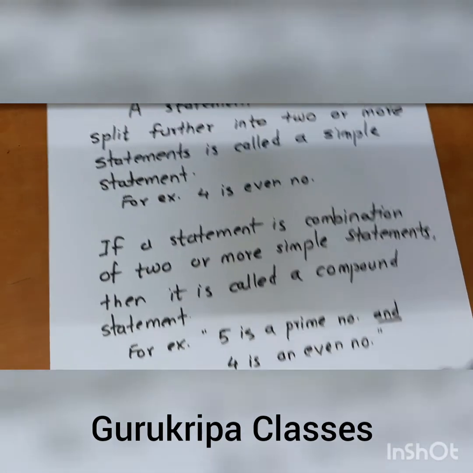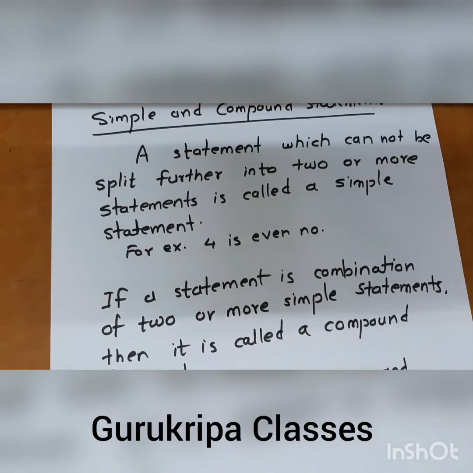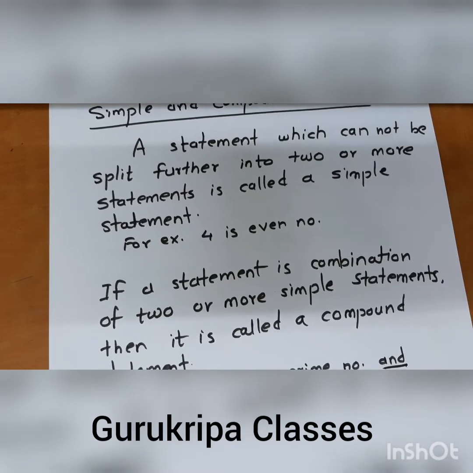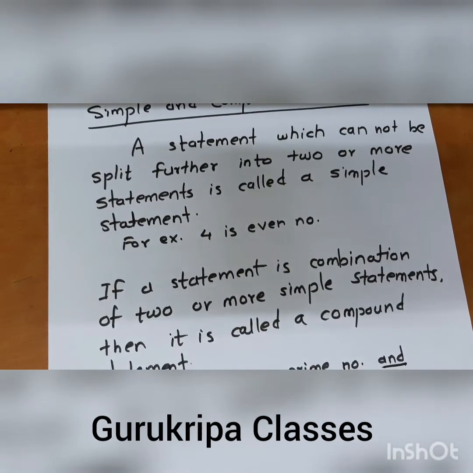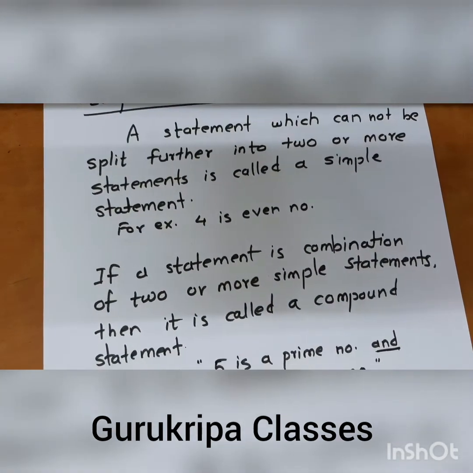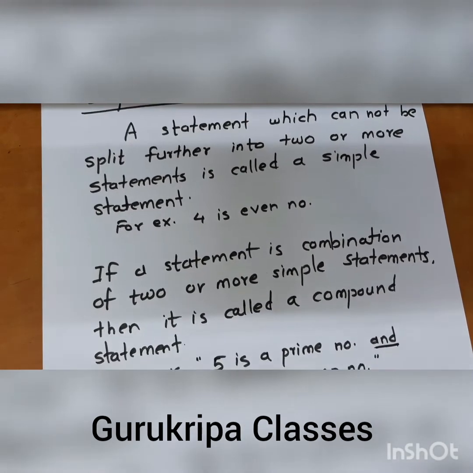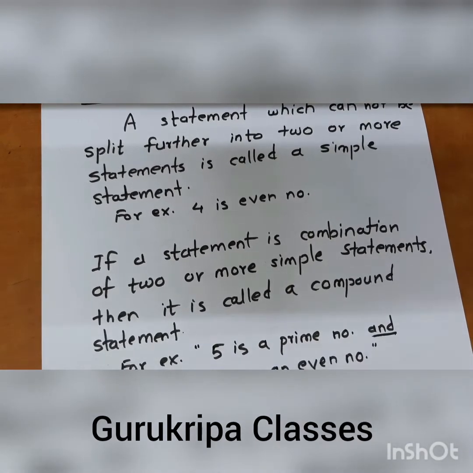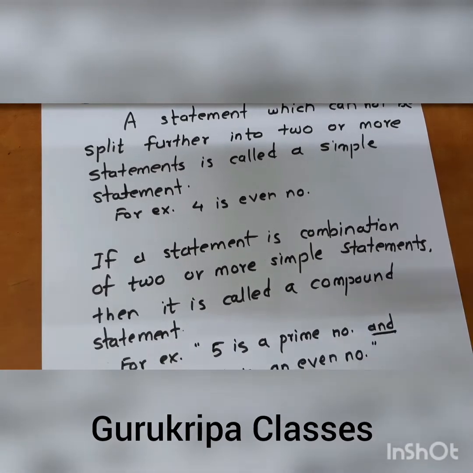Which connectives we are going to learn? That we already have written there: and, or, not, if and only if, and if and then. So we are going to learn the term used for these connectives. इसके लिए कौन से terms हम use करते हैं वो हम अभी देखेंगे.